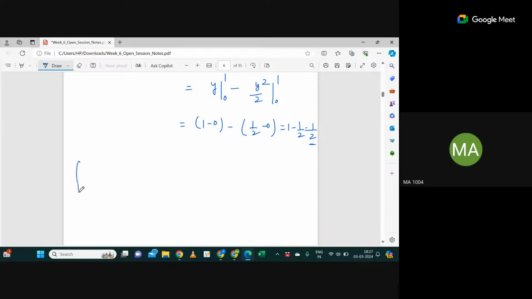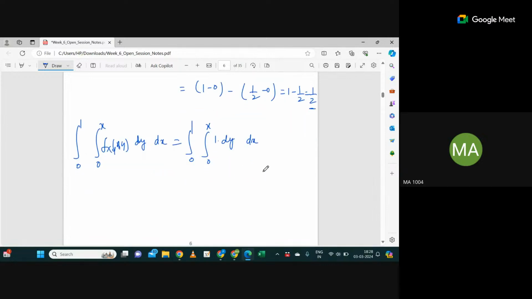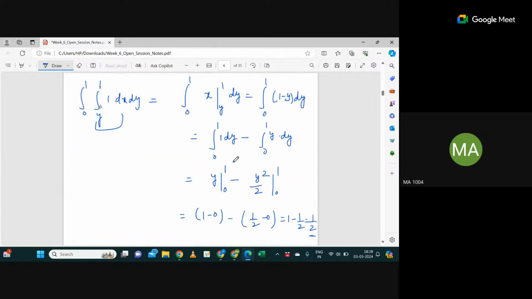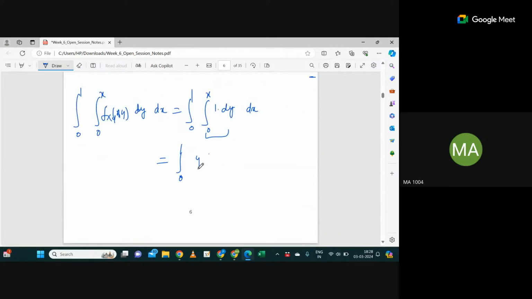So in this case, we have 0 to 1, then 0 to x. This was the limit for y, and f(x,y), the joint density. So it will be the integral from 0 to 1, 0 to x, 1 dy dx. This is with respect to y. So it will be y from 0 to x, dx, right?